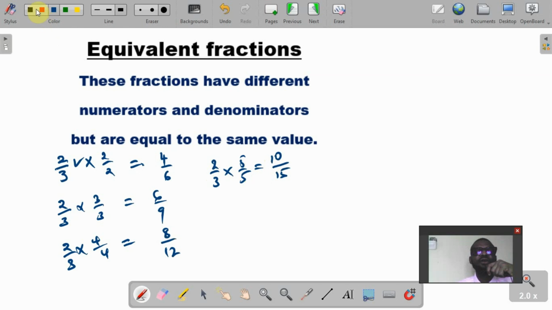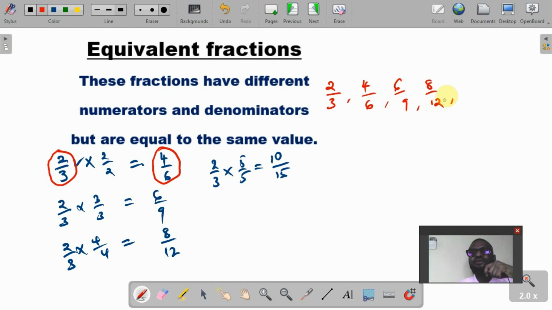Okay. Now all these numbers: 2 over 3, then 4 over 6, then 6 over 9, then 8 over 12, followed by 10 over 15, and so on and so forth.